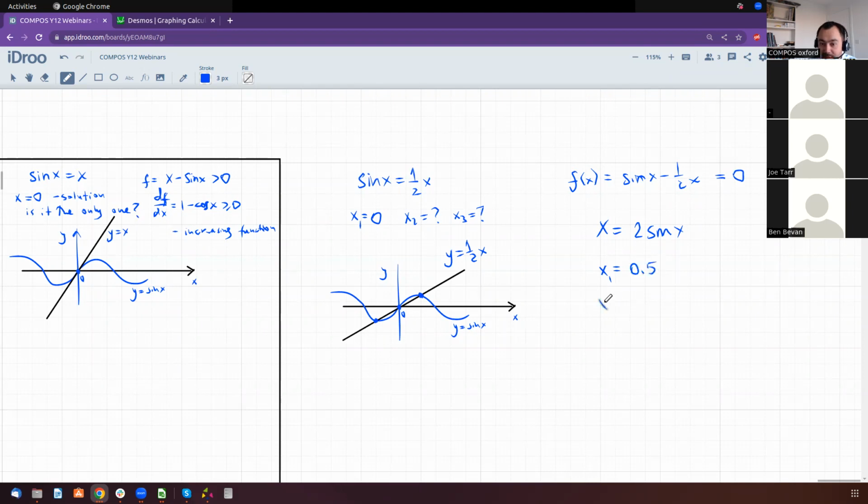Let's say x is equal to 2 sine once. I don't know if this will work. Probably not. So 0.5 equals 2 sine once.